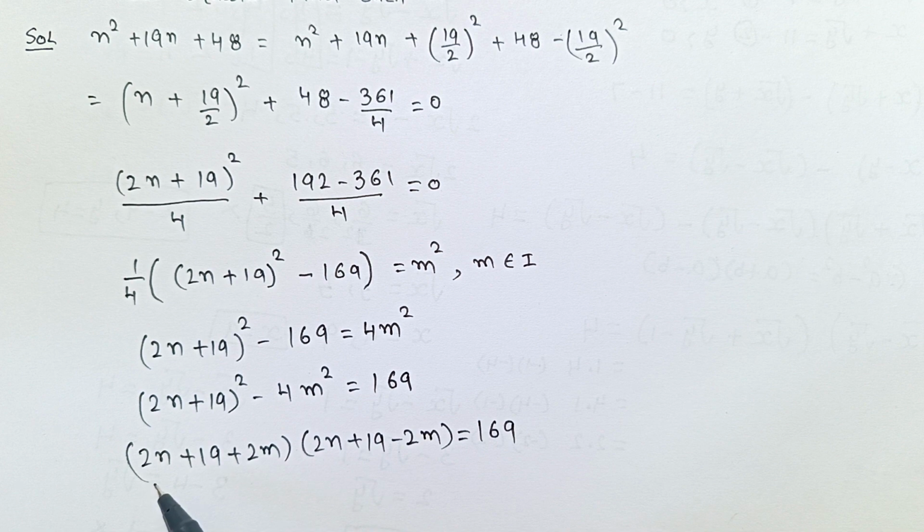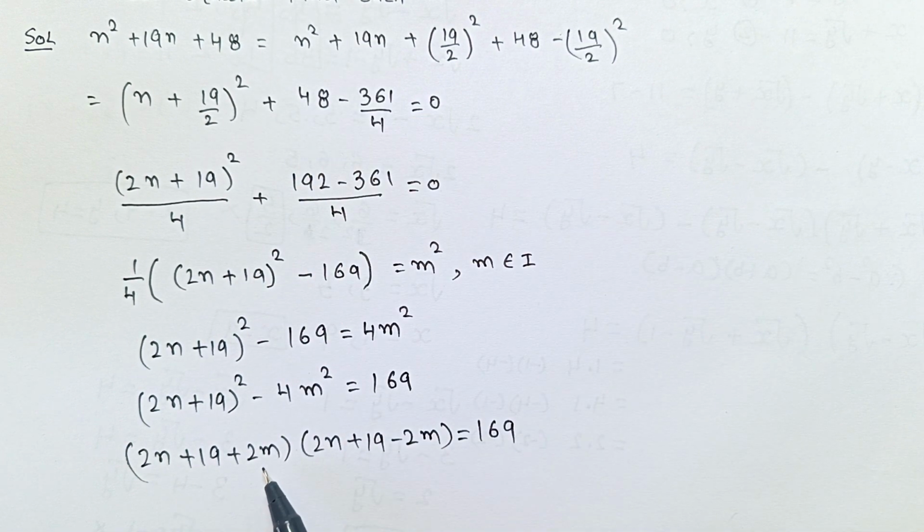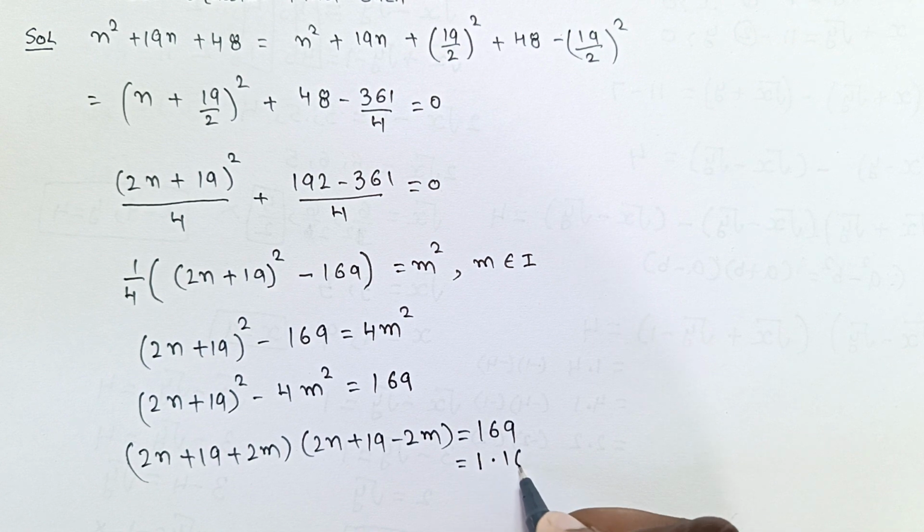Now we need n to be a positive integer, and m is also an integer. So both of these factors are integers, and their multiplication comes out to be 169. We have seen that 169 can be broken as 1 into 169, 169 into 1, and can also be written as 13 into 13.